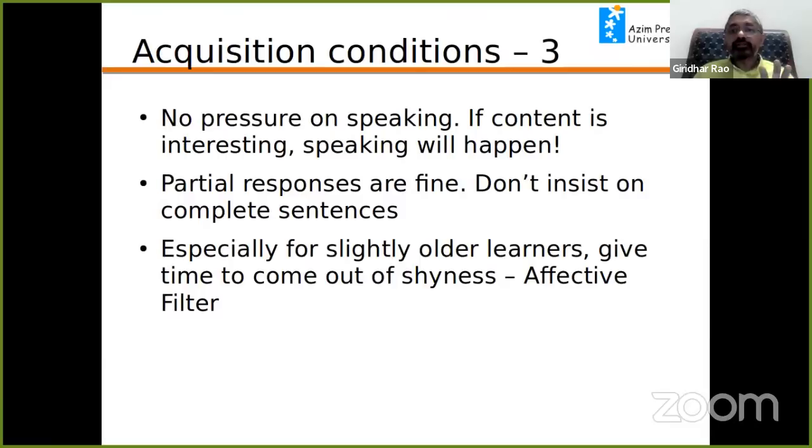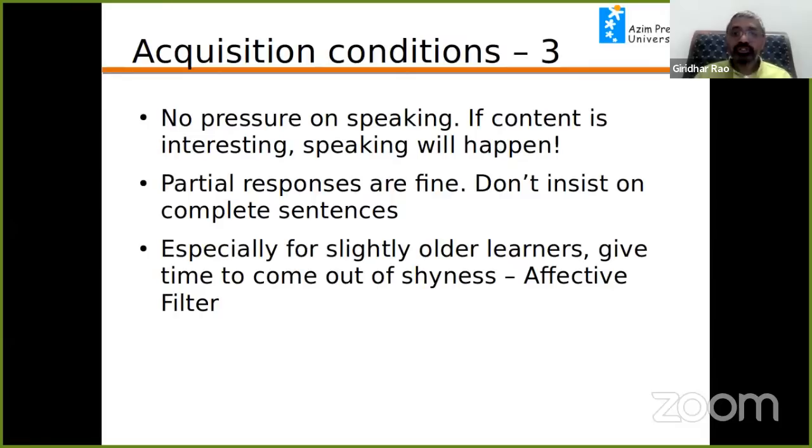So if the content is interesting, not only is the listening active, but the speaking will happen, because no child can keep quiet, right? If it is something that is interesting to the child, a visit to the zoo, for example, right?